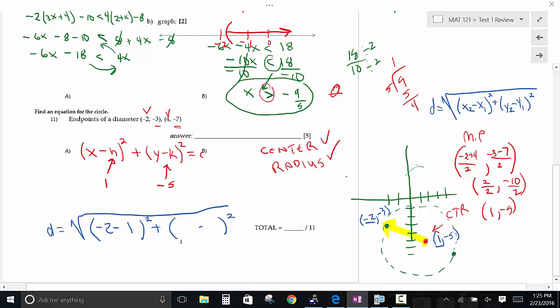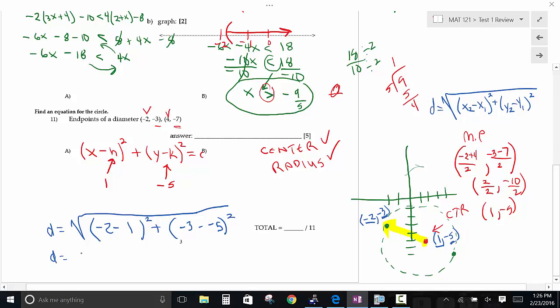Then you do the y values, and it doesn't matter what order. So you're going to do -3 subtract -5. Now be aware of that minus minus, because it's going to pop up some. Again, what are you doing? You're finding -2 minus 1, then squaring it, then -3 minus -5 and squaring that. This is one of the first things we did this semester.